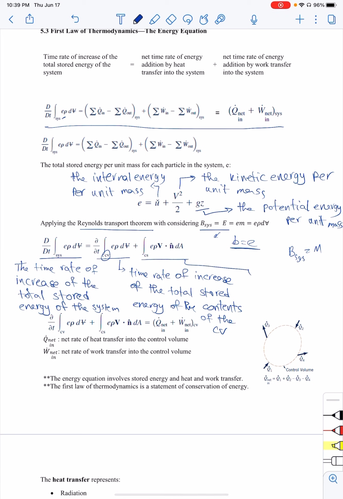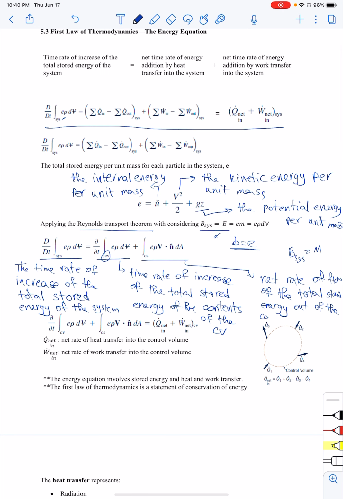And this term right here is the net rate of flow of the total stored energy out of the control volume through the control surface.